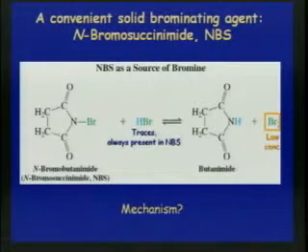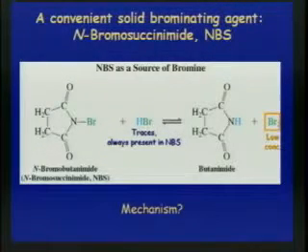And this guy, when exposed to traces of HBr, which are always present in the starting NBS, decomposes in solution to generate the NH species and Br2. So this Br and that Br combine to make Br2 and this species here. But it serves by this mechanism as a time release Br2 generator.